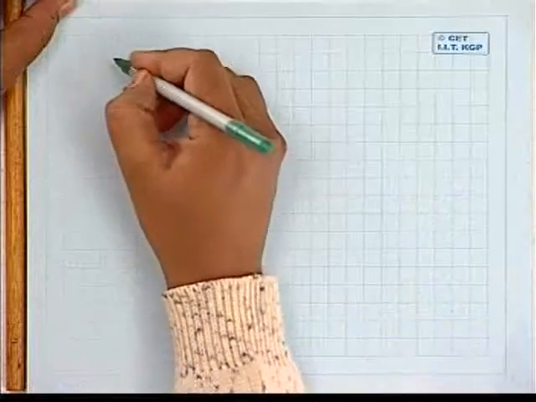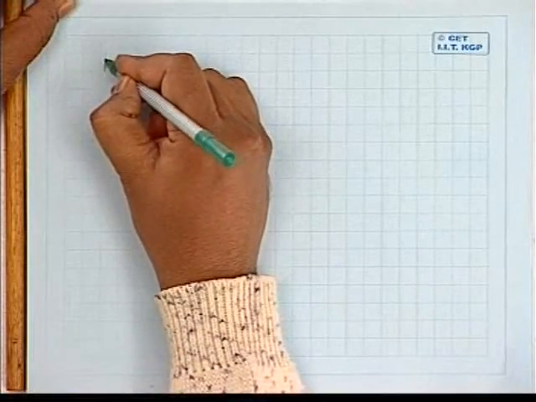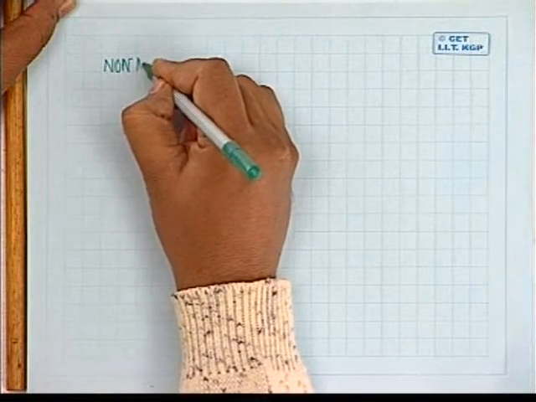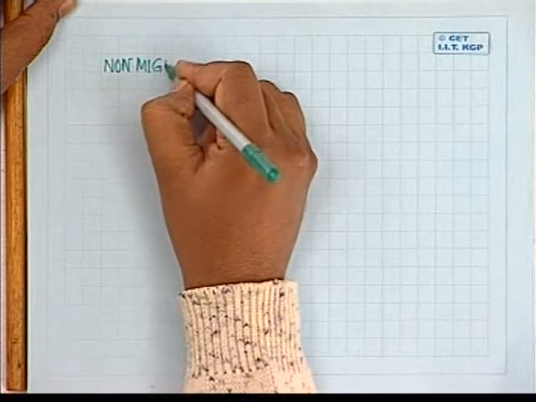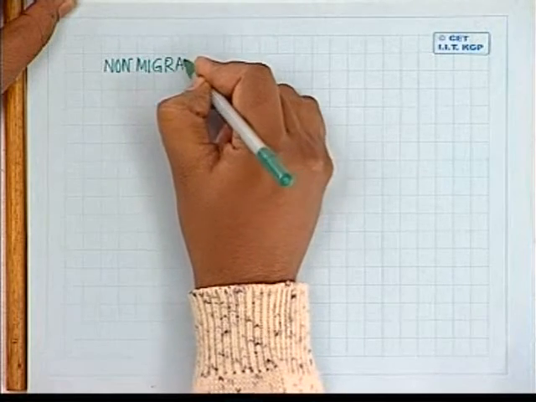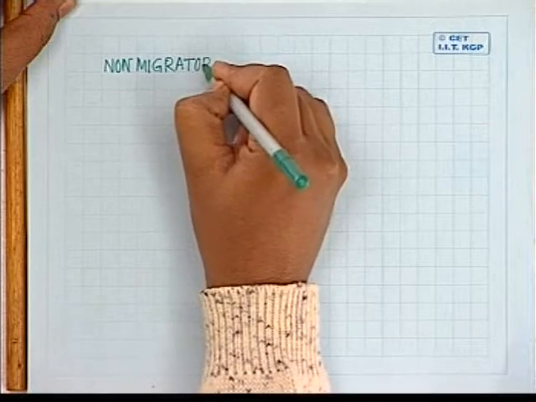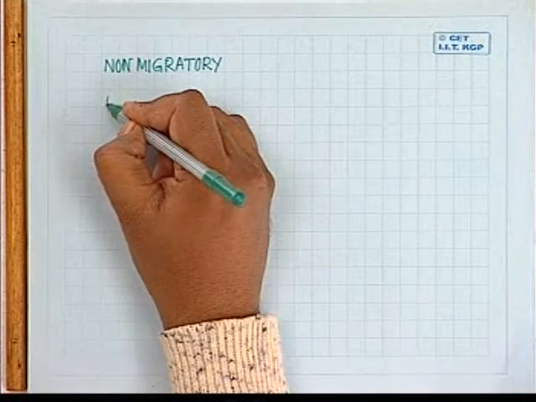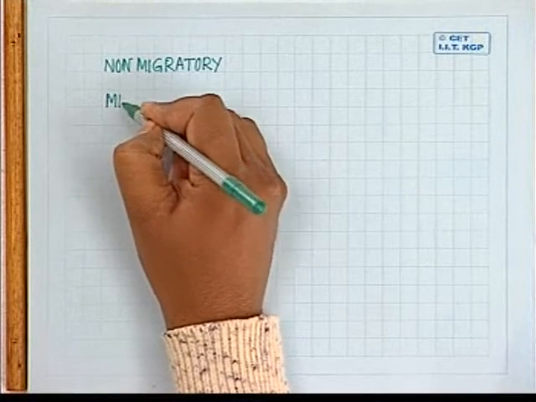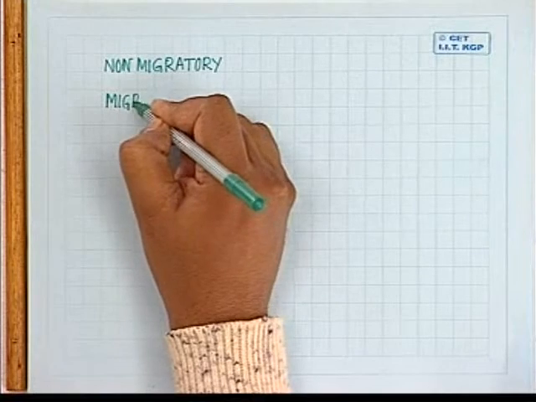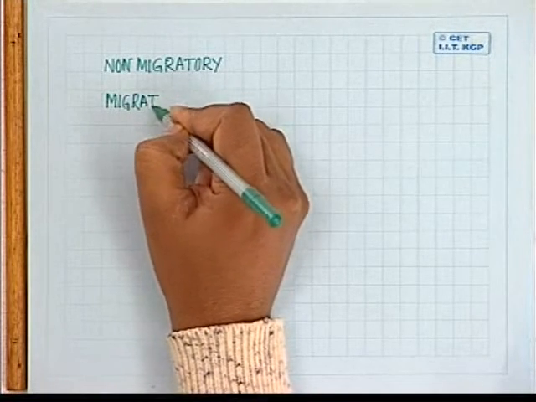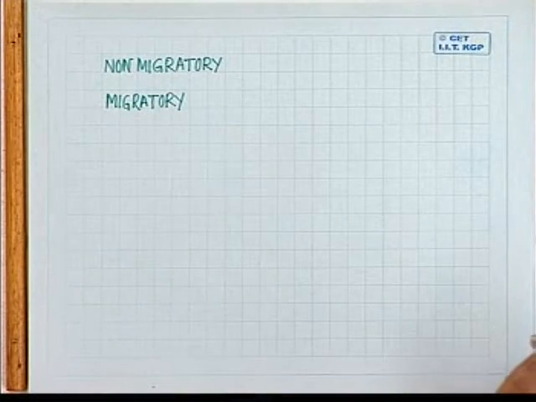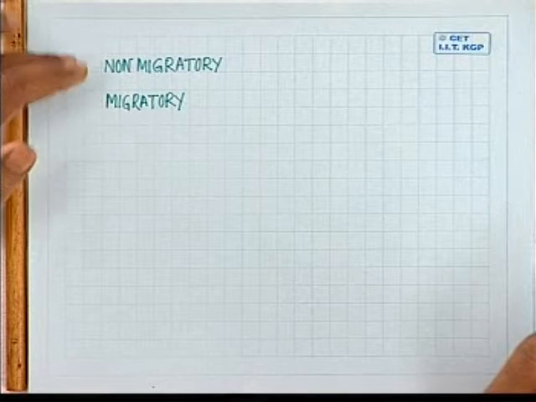One of them is non-migratory, and the other allocation technique is the migratory allocation technique. Now, what is this non-migratory and migratory?